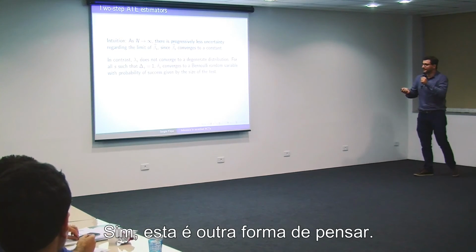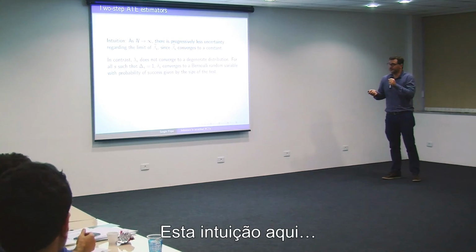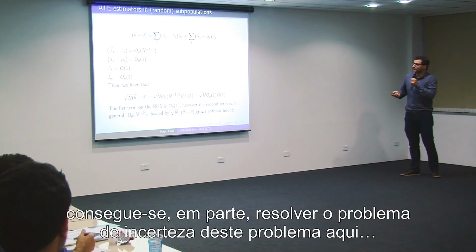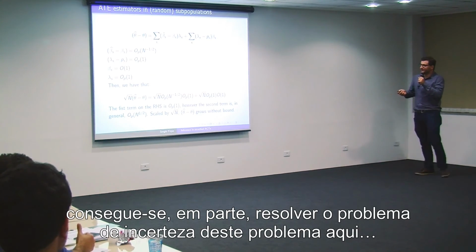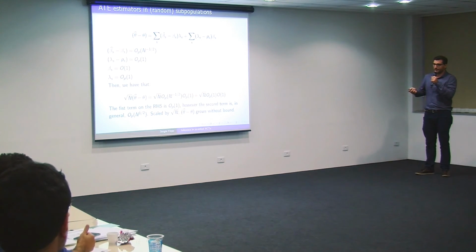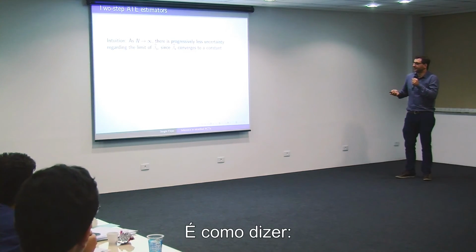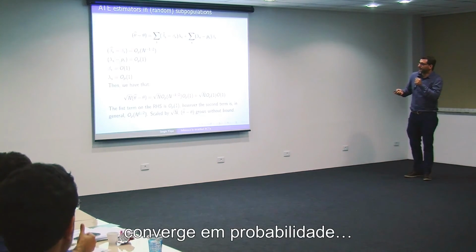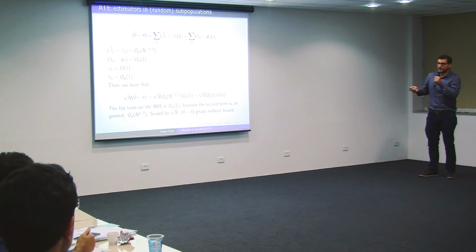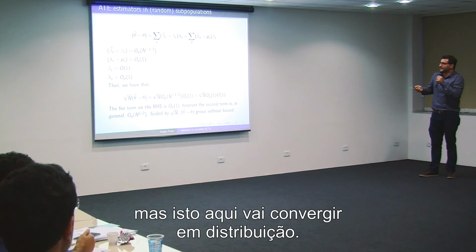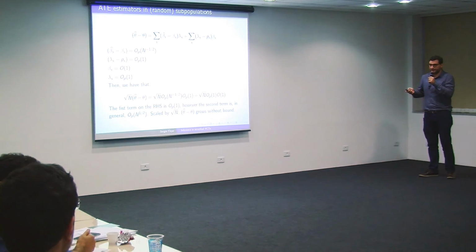Yeah, so that's another way to think about the intuition here. As the sample size increases, you solve the problem of uncertainty of this part, but you still keep the problem of uncertainty here. It's like saying this thing converges in probability to 0, which is nice, but this other thing is going to converge in distribution.